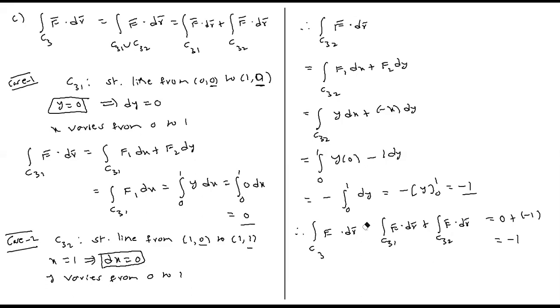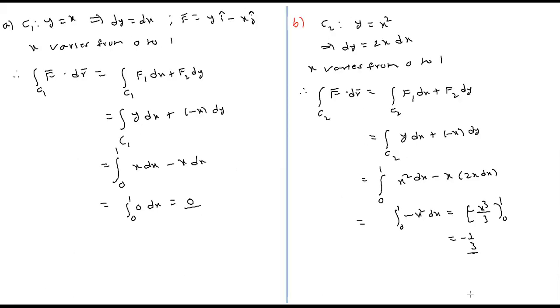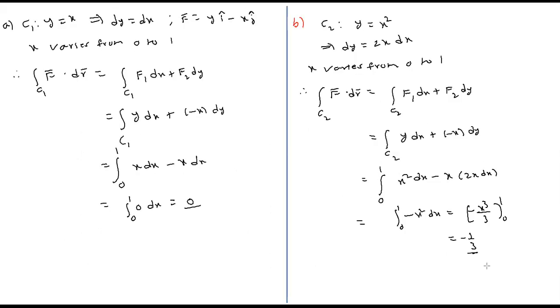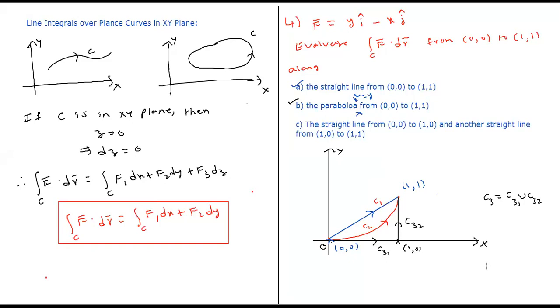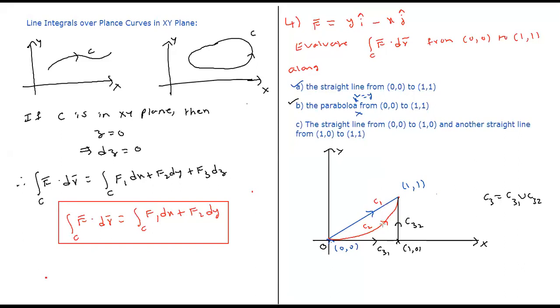Now this is a problem which demonstrates that the line integral in general may be path dependent. Along the first path you got 0, along the second path you got minus 1 by 3, and along the third path you got minus 1.